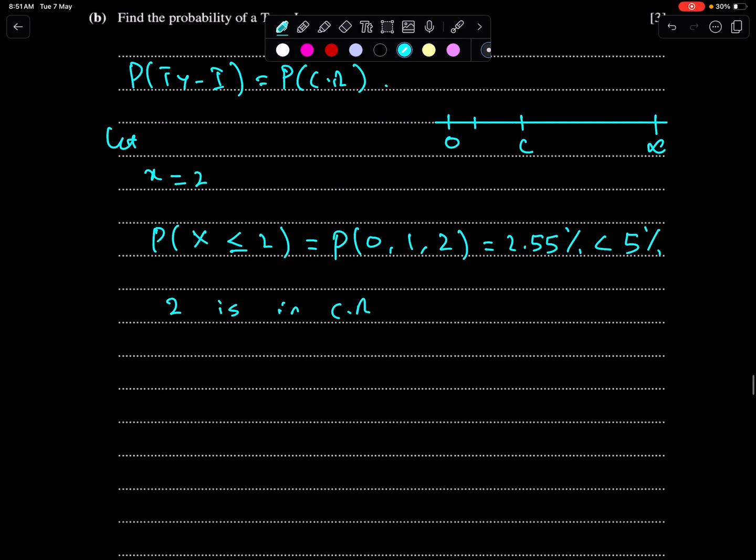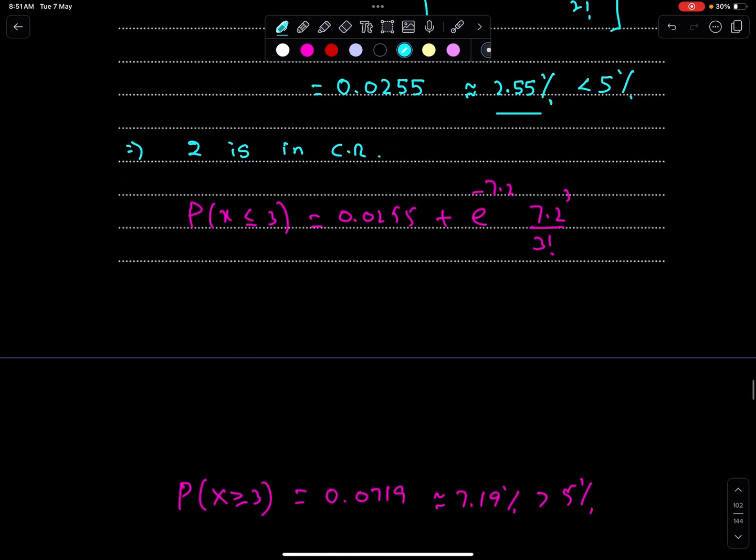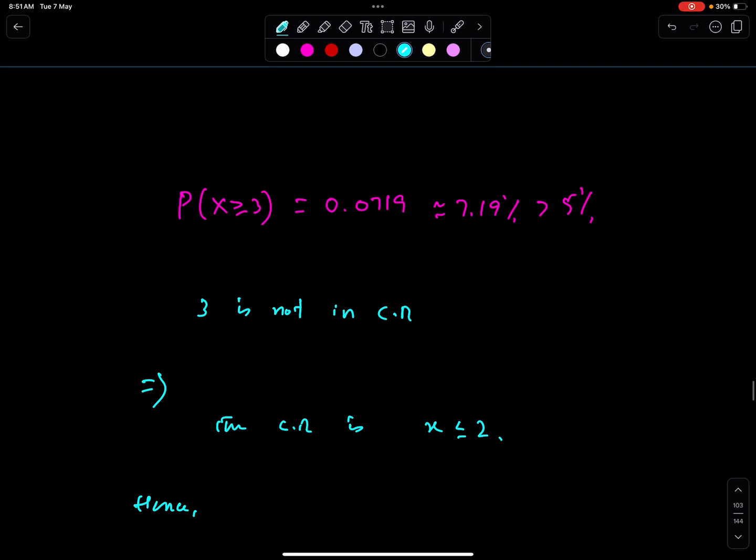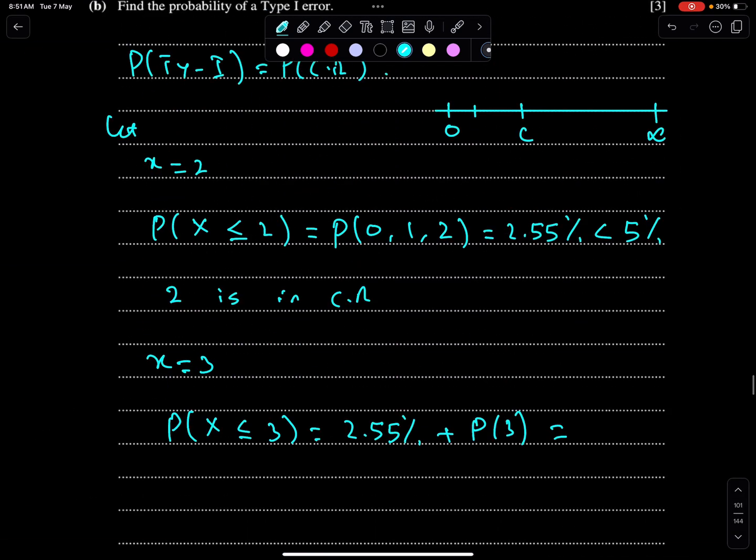Now try 3. Let x be 3. So x less than equal to 3 is probability 2.55% plus probability of 3. And this answer is 7.19%.